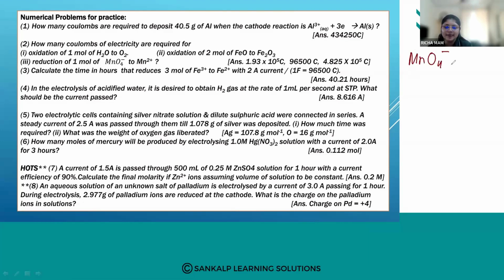MnO4 minus, it is reduction, so plus 5 electrons. It gives you Mn plus 2.